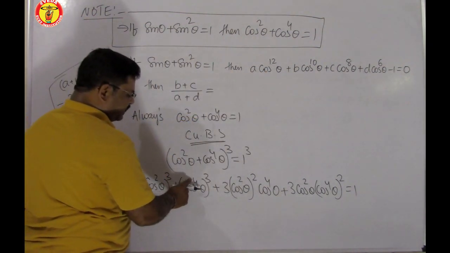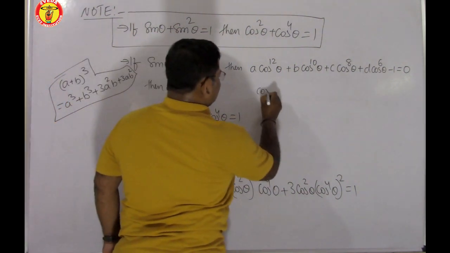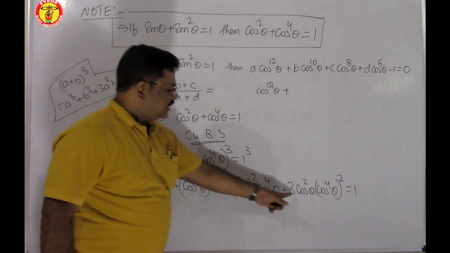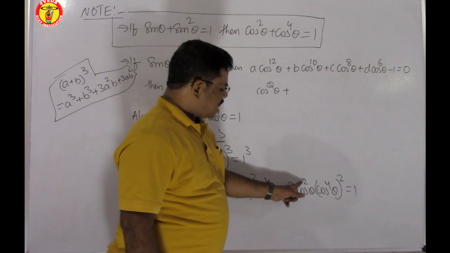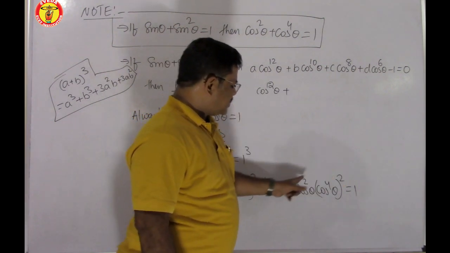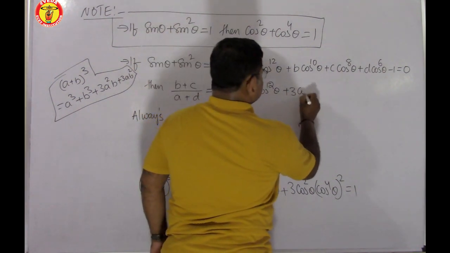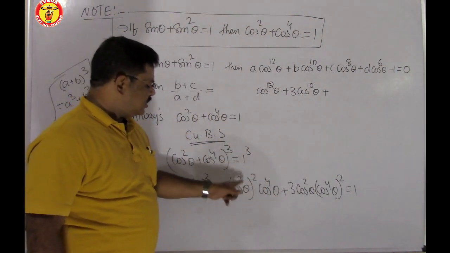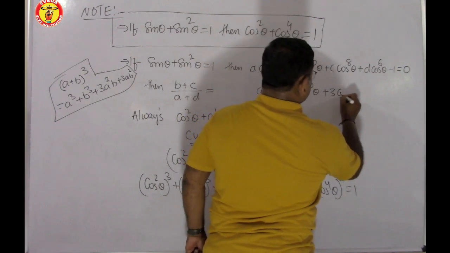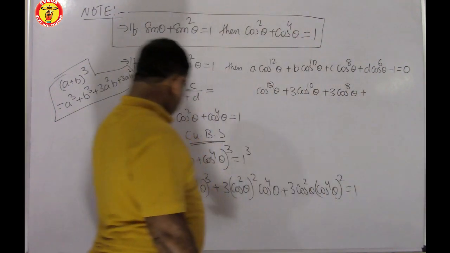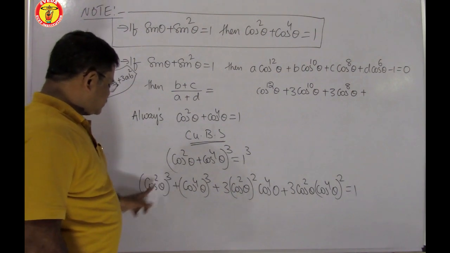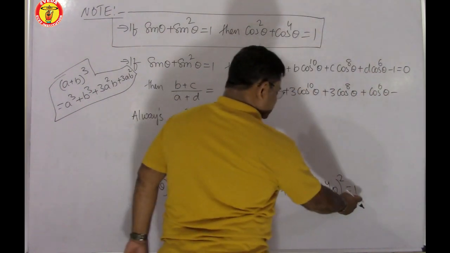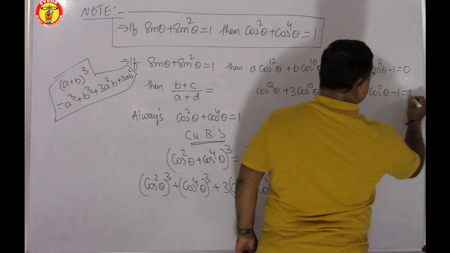Here, 4 into 3 is 12, so cos power 12 theta plus 3 cos power 10 theta plus 3 cos power 8 theta plus cos power 6 theta plus 1. If I shift it to the left side, it becomes minus 1, which is equal to 0.